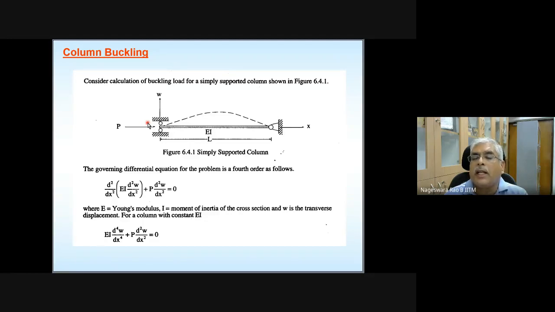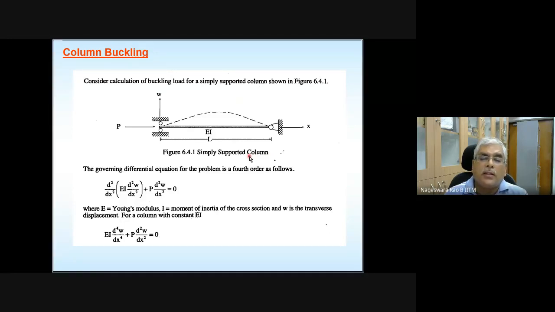That is the critical buckling load for this problem, which has hinge conditions at both ends, also called a simply supported column. So you already know the solution for this problem. Let's see how the solution that we get from the two-node finite element matches with that solution.